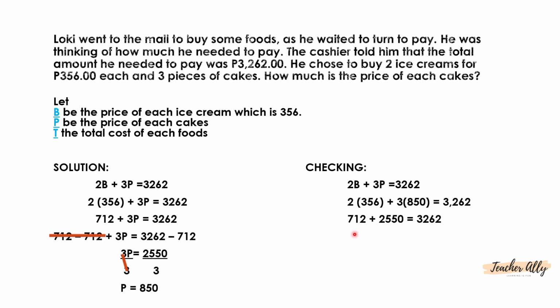Now, add 712 plus 2,550. So, 3,262 equals 3,262. Therefore, our solution is correct. Each cake costs 850 pesos.